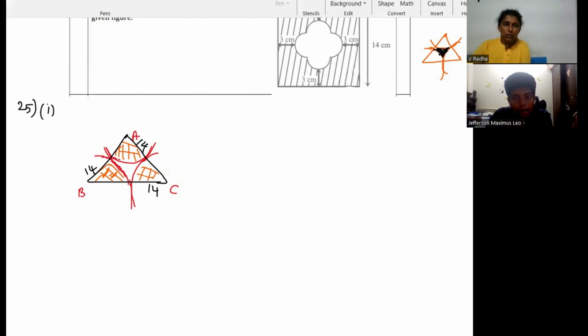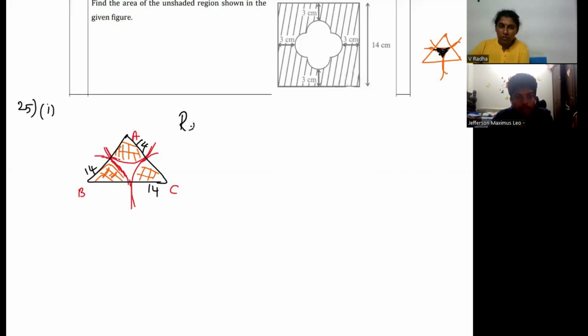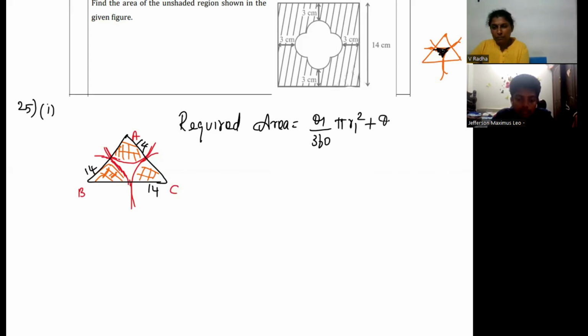The required area is equal to theta 1 by 360 times pi r1 square, plus theta 2 by 360 times pi r2 square, plus theta 3 by 360 times pi r3 square.